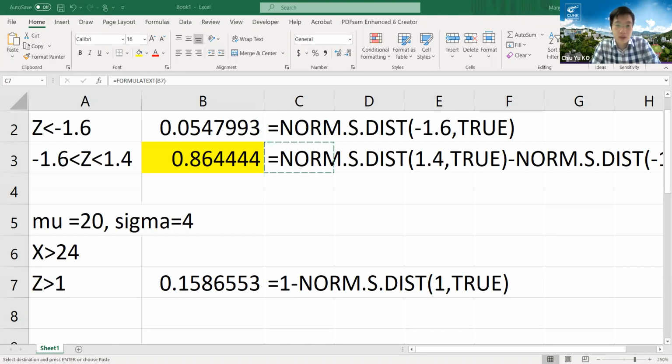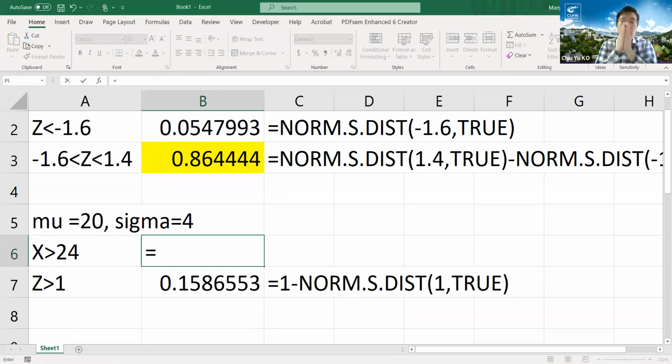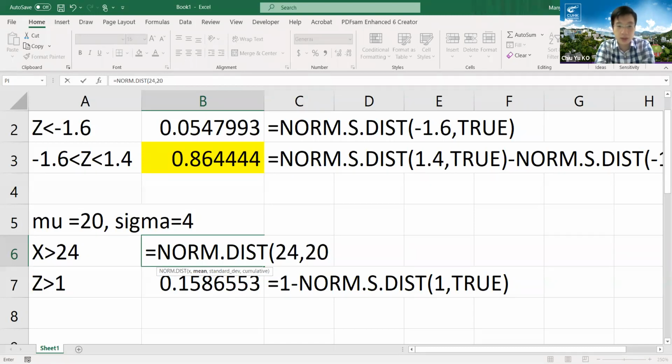And you can use the NORM.DIST function. You can see the four arguments here. You have to put the x, the mean, the standard deviation, and cumulative. So you put 24, mean is 20, standard deviation is 4, and it's true.